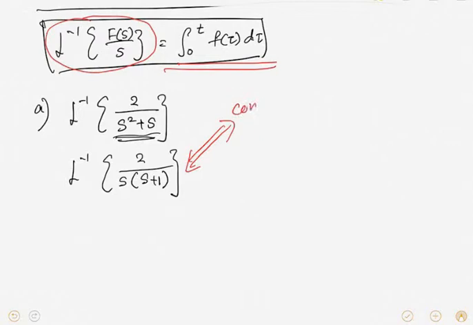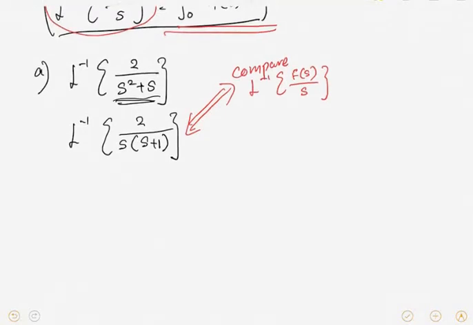You compare with the inverse Laplace transform of F(s) over s. Okay, can you see something similar? This one is this. That means your F(s) is 2 over s plus 1.